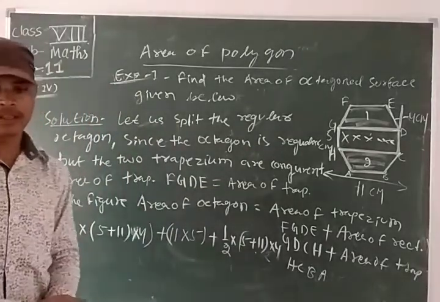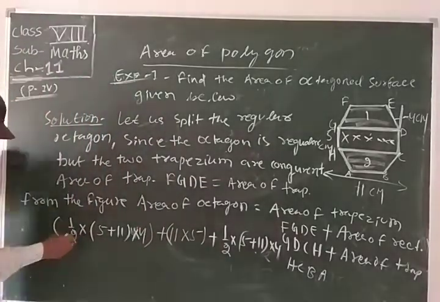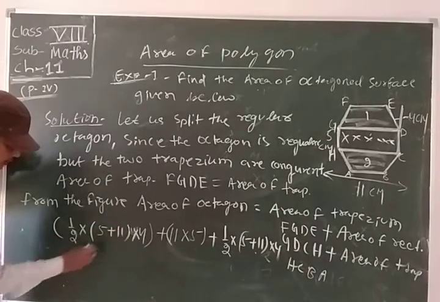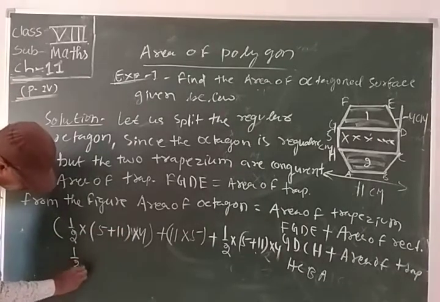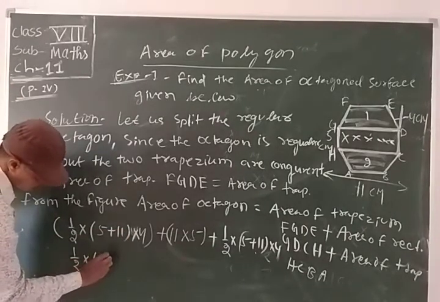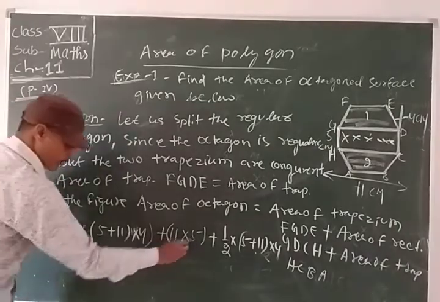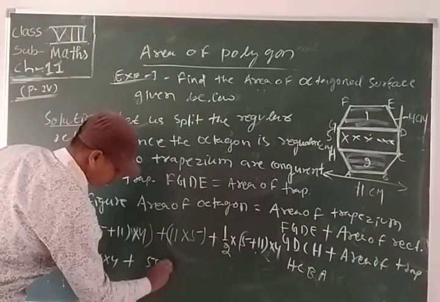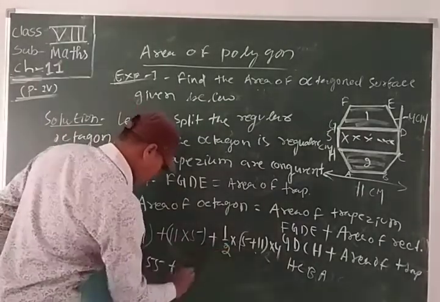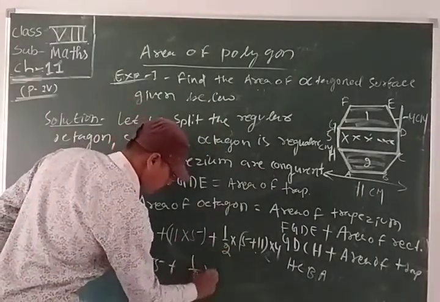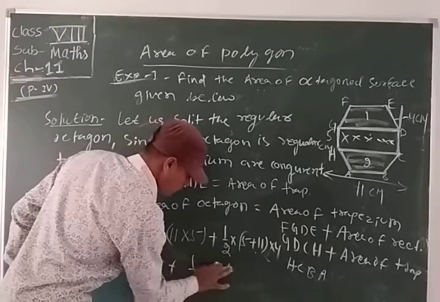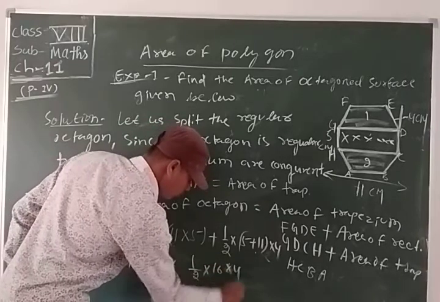Then we can easily find it: first 5 plus 11 is 16, then 1 by 2 into 16 into 4. Plus 11 into 5 is 55, plus 1 by 2 into 16 into 4.